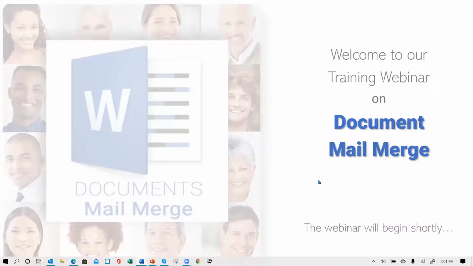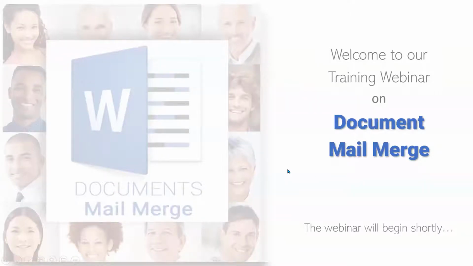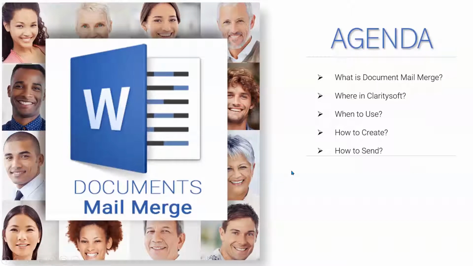So what we're going to cover: the document merge, what it is. Basically we call it a rich text editor, but it is a Word clone. It is a word processor that you can use to create documents, format documents, and pull the fields that are in the module into that document.